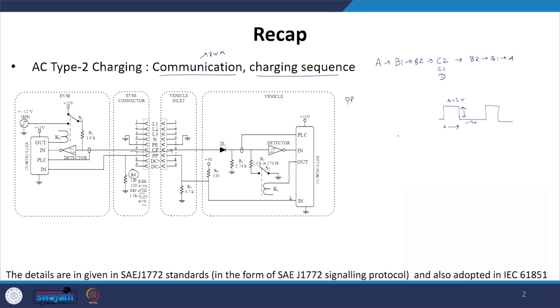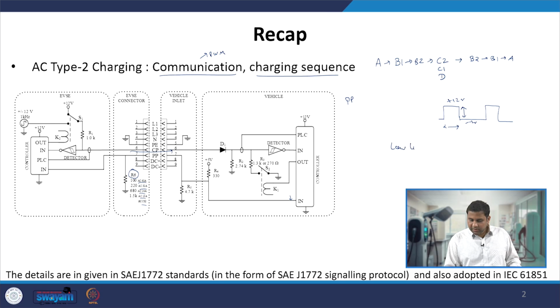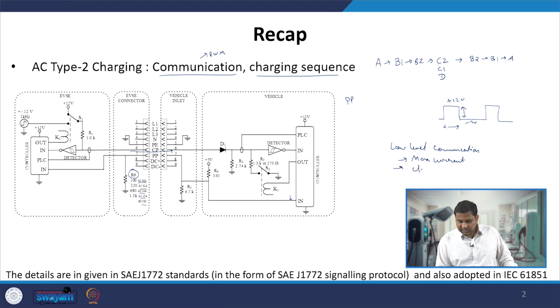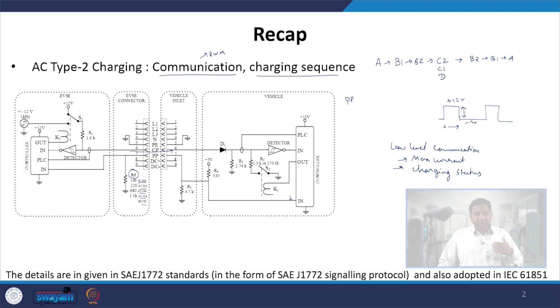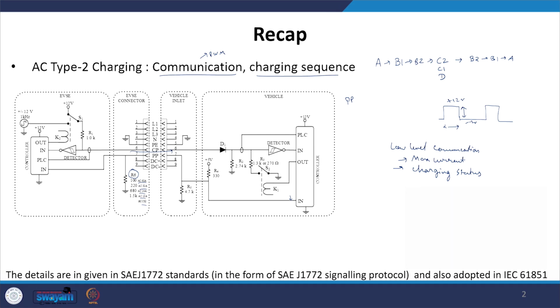So this type of communication is low level communication, where not much information is shared between the vehicle and the EVSE. Only the maximum current which the EVSE can sustain, and the charging status, that means whether the EV is ready or not, or whether the EVSE is ready or not, is sent. It is primarily because while doing AC charging, the power conversion takes place inside the vehicle.